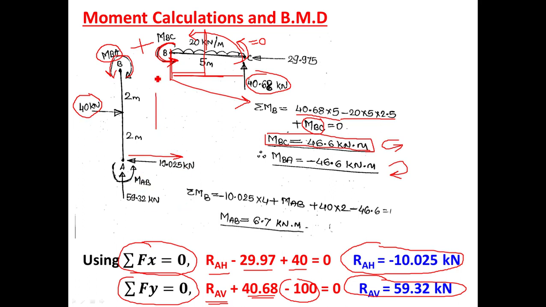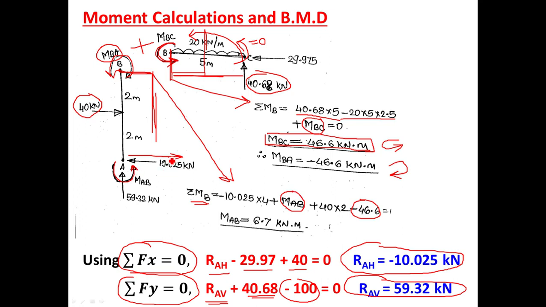For that, if you consider the BA span now, and if you take summation of moment about point B in BA span, you will get this equation. So MBA moment first, it is minus 46.6, then moment MAB anti-clockwise not known to us as it is.